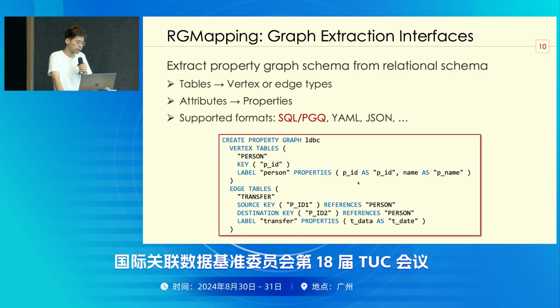We also define the properties mapping from the attributes in the relational datasets. The edges do the same mapping, but the edges also need to specify how the source key and the destination key are mapped in the original relational datasets.